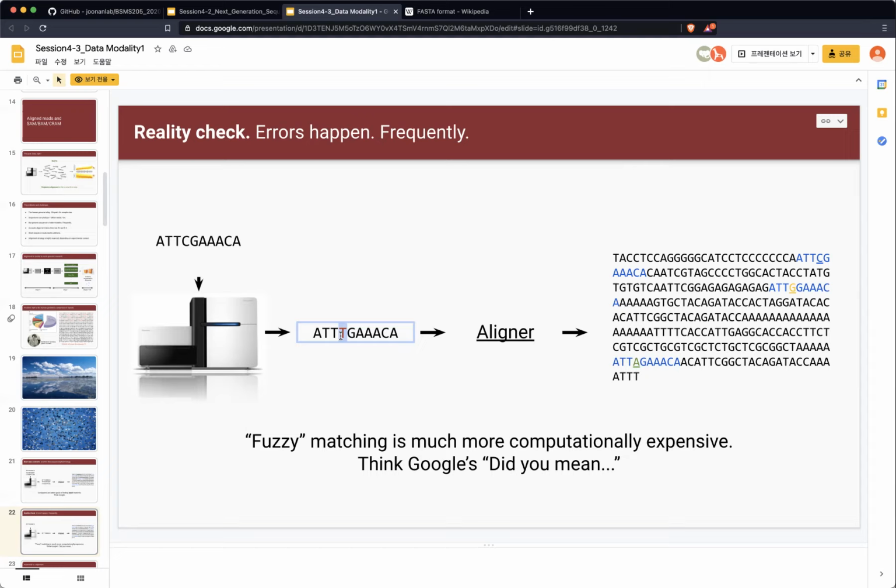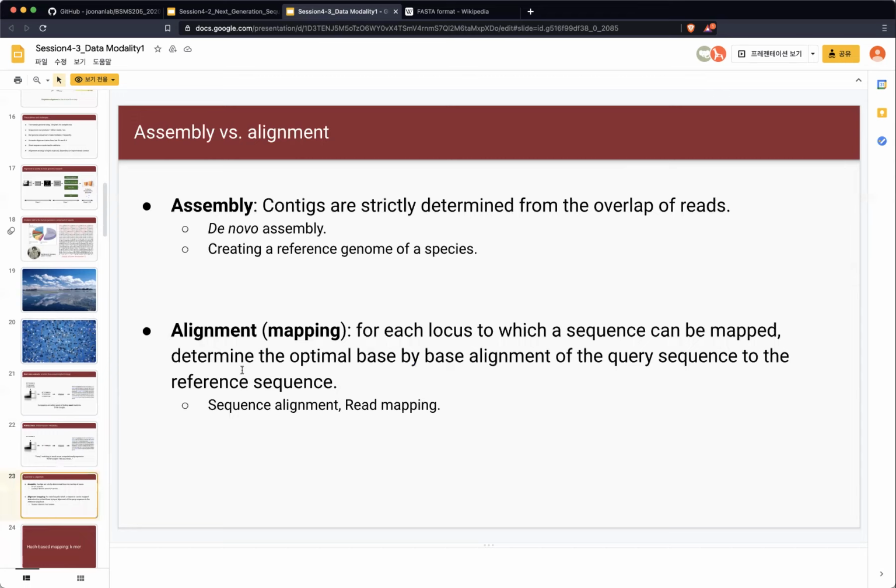So did you actually mean these words? And I can click on one. But in sequencing alignment, there is no way we can do that, right? If you get an error sequence from the machine, there is no way we can fix the error, right? So you have to keep in mind that in reality, there are lots of errors from the sequencing machine, right?